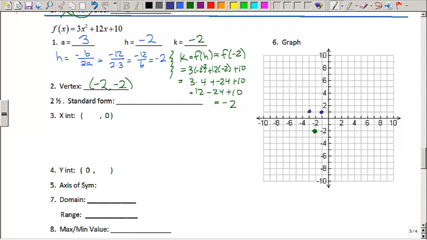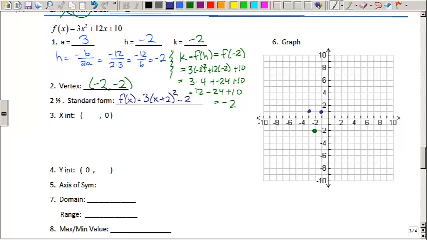I can already see that I'm crossing the x-axis, so I will have x-intercepts. To find those x-intercepts, I have to set the function equal to 0. Well, setting this function equal to 0 is not easy in general form, so I would like to find standard form, which is equal to a, which is 3, x minus h, my h is negative 2, so that's x plus 2 quantity squared, plus k, which is going to be minus 2.